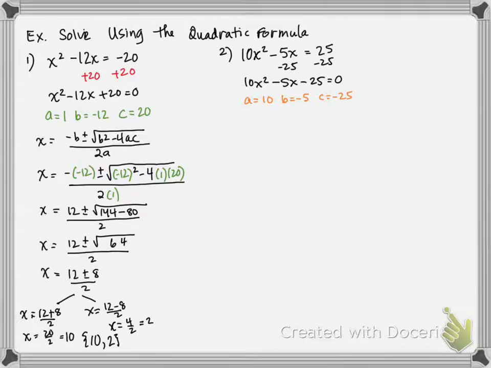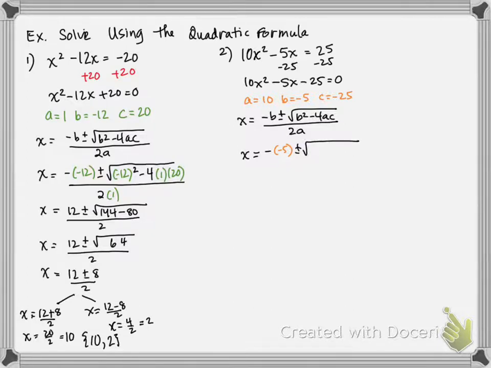So then we have x equals negative b plus or minus square root of b squared minus 4ac, all over 2a. Then we just start substituting numbers in. x equals negative b, which is negative negative 5, and then plus or minus square root.